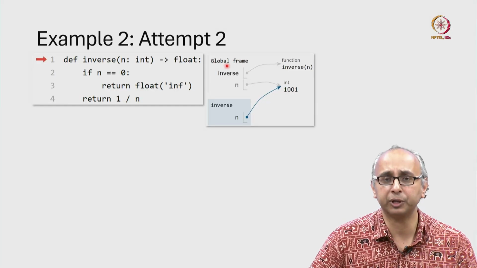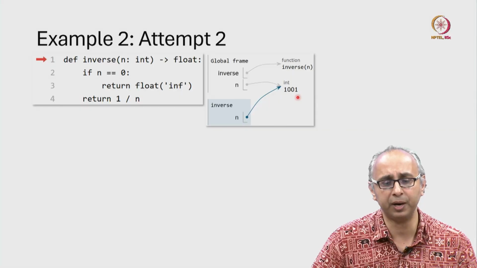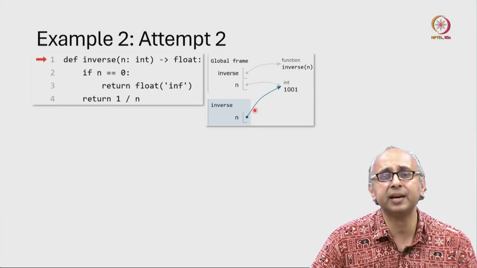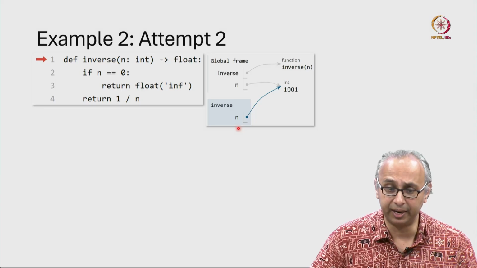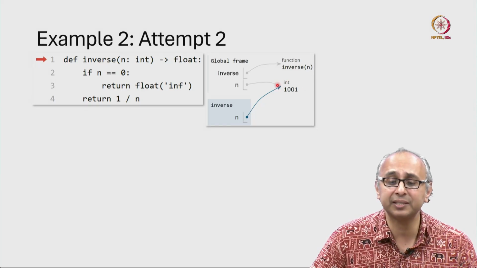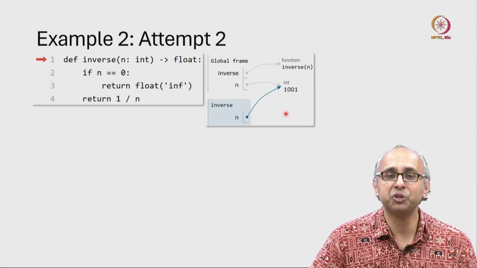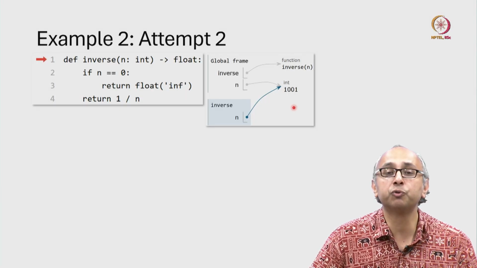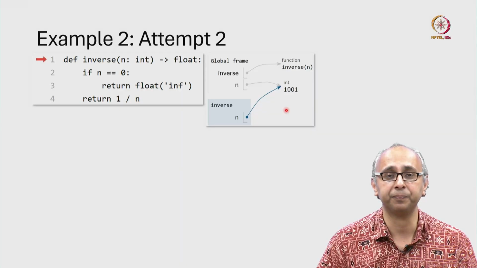And this is a visualization that is familiar to us. We have in our global frame an n which was initialized to 1001. And now that we are inside the inverse function, this has a parameter n which labels the same integer object. I'm using the non-default visualization to remind us of what is actually going on in Python.